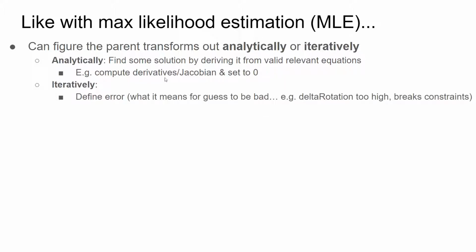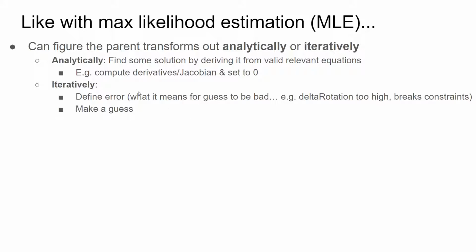It'll show up again. The iterative solution might be: you define error, so what does it mean for your guess to be bad, and you improve on it. For example, with animation, delta rotation might be too high, like your character's arms are at too extreme angles. Or maybe your iterative solution breaks constraints, such as assuming your arm is longer than it actually is.